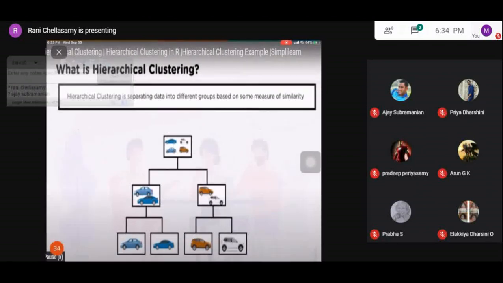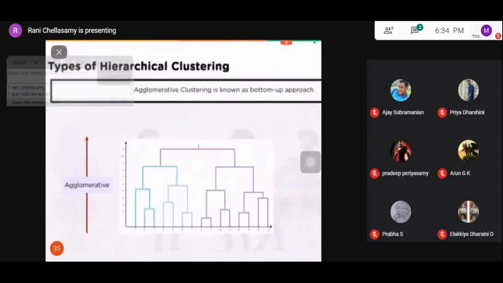So what is meant by hierarchical clustering? It is nothing but separating the data into different groups based on some measure of similarity. That is called hierarchical clustering. Let's see the types of hierarchical clustering. The first type is agglomerative, and the second type is the divisive method.